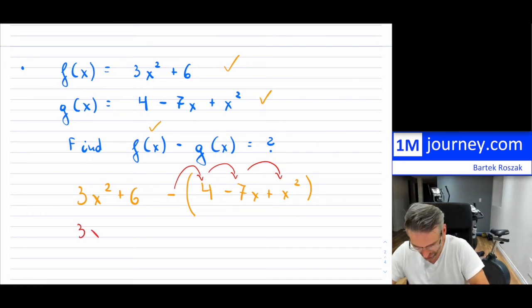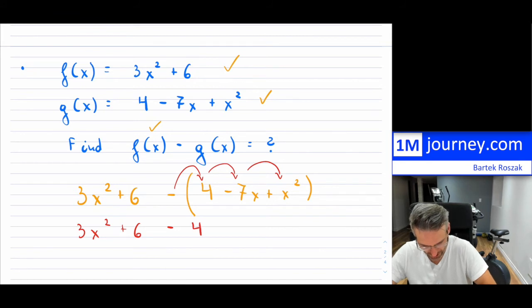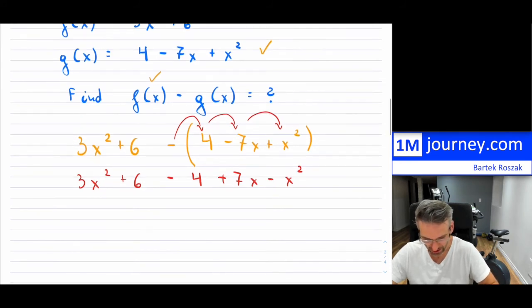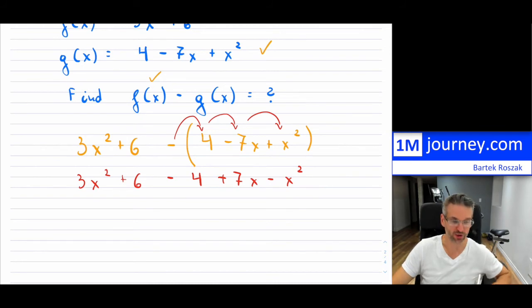And what you're going to have is your f of x. So now it's going to be minus 4 plus 7x. So we're just distributing. All of this should be familiar to you. Addition and subtraction of polynomials is a pretty nice thing when you get to grade 11 because you've done it in the past.